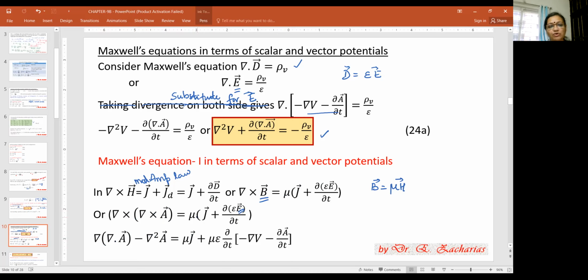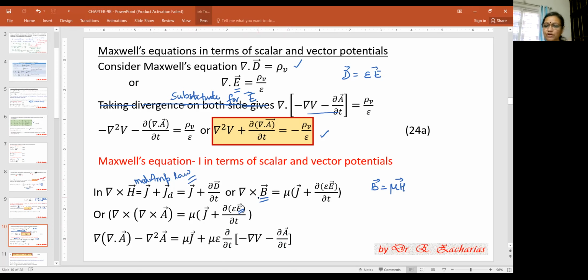When it comes to second term, you will have mu into epsilon dou E by dou T. But don't keep it as E, because our aim is to write everything in terms of scalar and vector potential. So write dou by dou T of minus del V minus dou A by dou T instead of electric field. You simply took your modified Ampere's law and rewrote it in terms of B vector and E vector, and then substituted B equal to del cross A and substituted E equal to minus del V minus dou A by dou T.